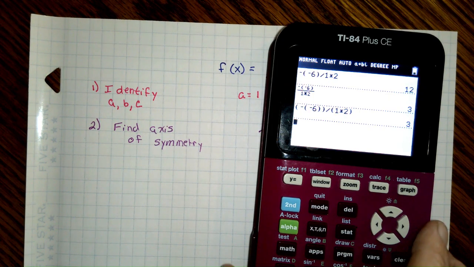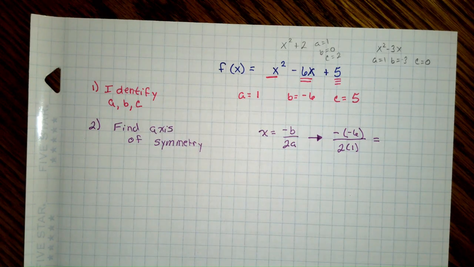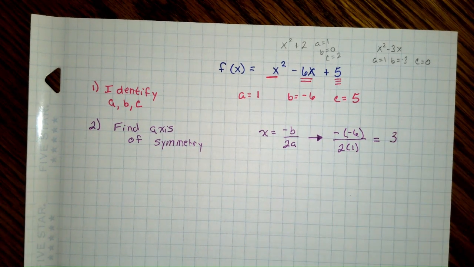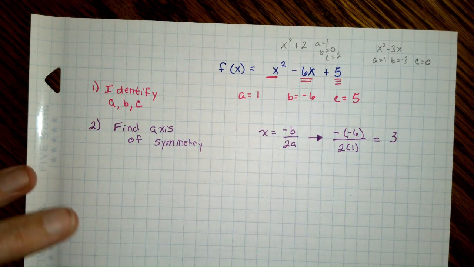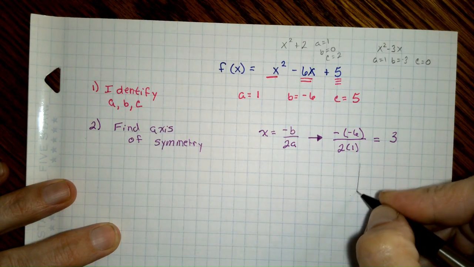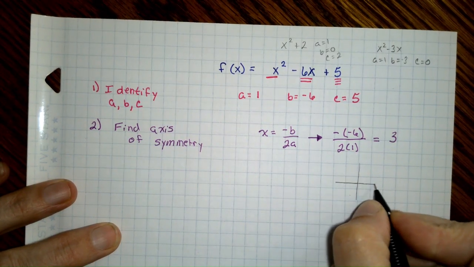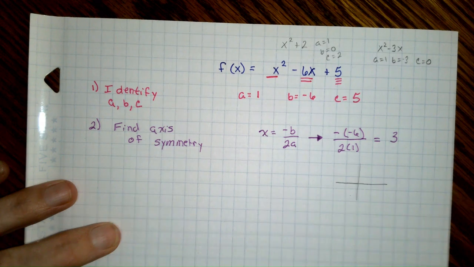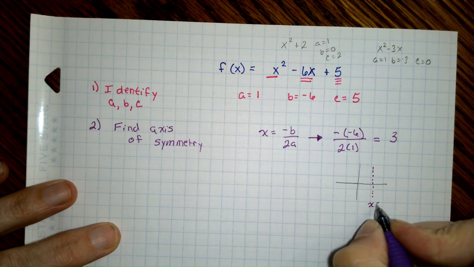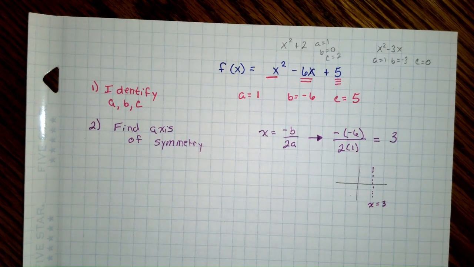So make sure you're communicating efficiently with your calculator. So here's what we know so far. When we graph this, it's going to fold along the line x equals 3. Okay, great.